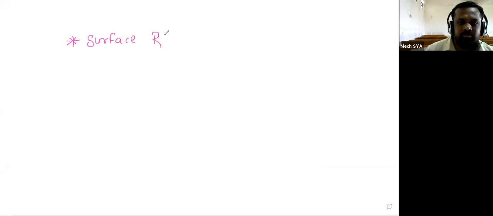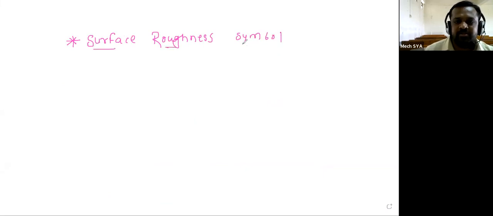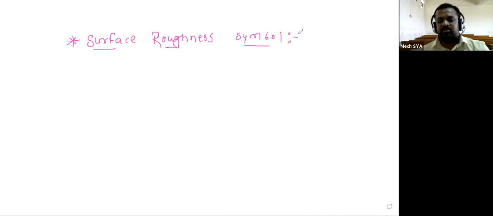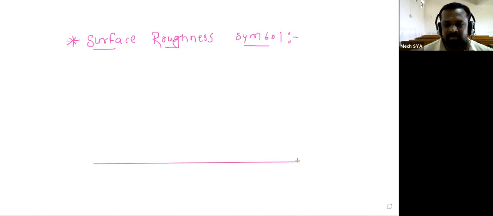Right now we are going to draw the main surface roughness symbol. Now we are combining all the symbols here. Whatever symbols we have seen, we are going to combine them and prepare one main symbol.